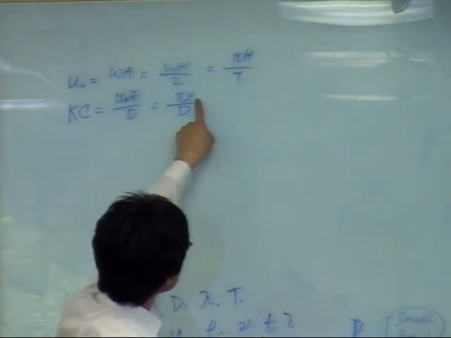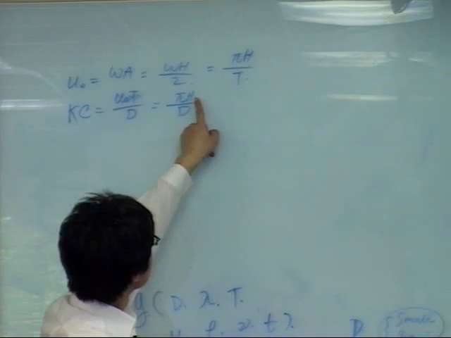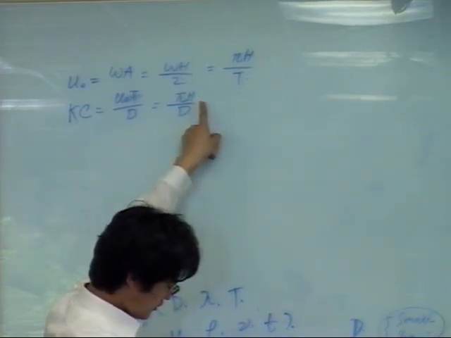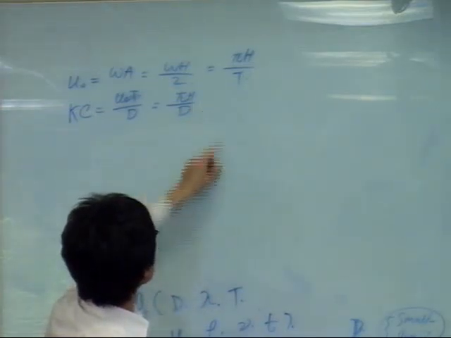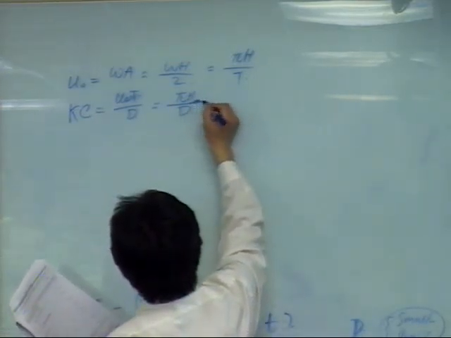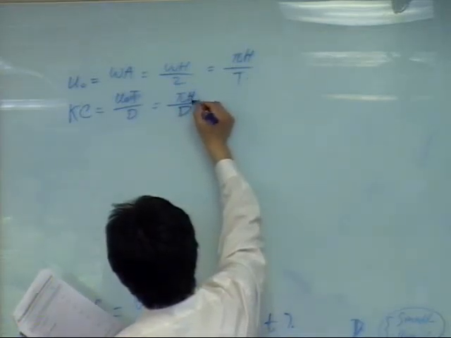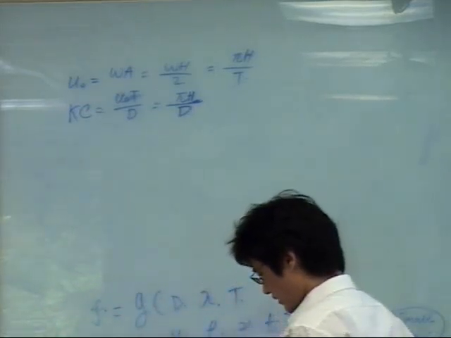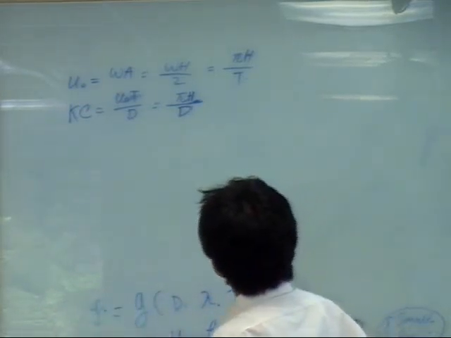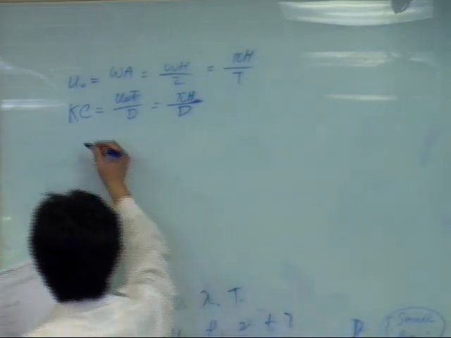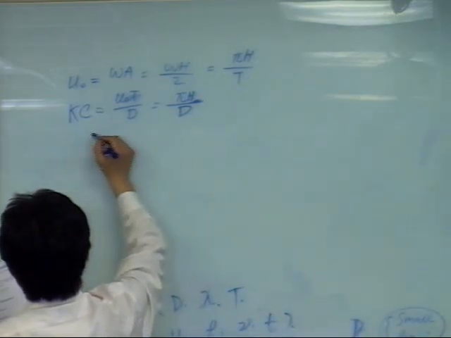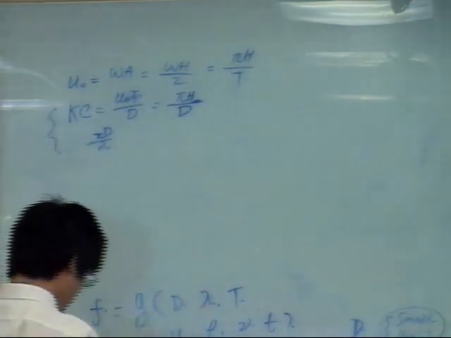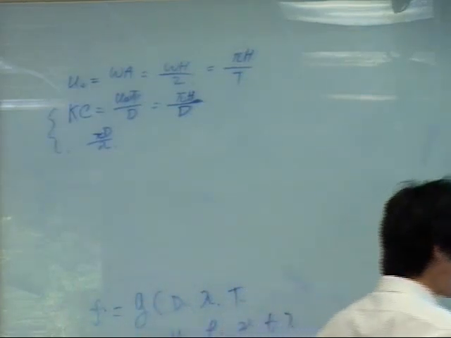This is the scale of the water particle orbital length to the body diameter, which is the wave height over the characteristic scale of the structure. And another number is the diffraction number, which is pi D over lambda. So these are the two important numbers.